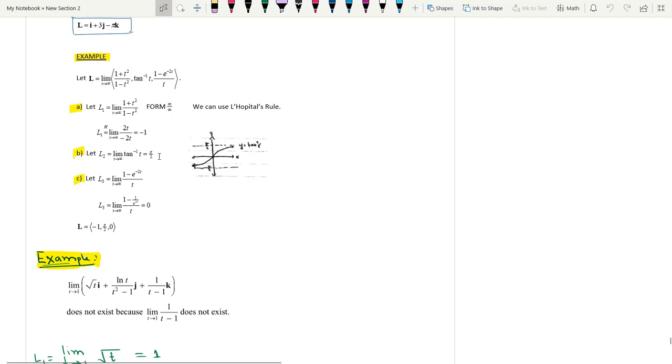This is a finite value, so the limit exists. And the limit of the third component is also 0, and 0 is a finite value. Therefore the limit of the vector function is negative 1i plus pi over 2j plus 0k, or you can even write it in this form.